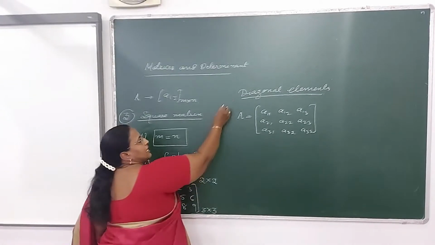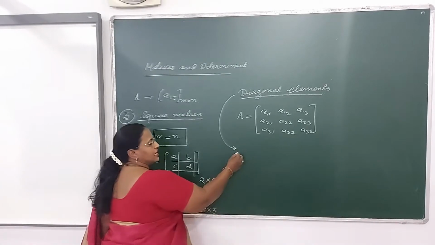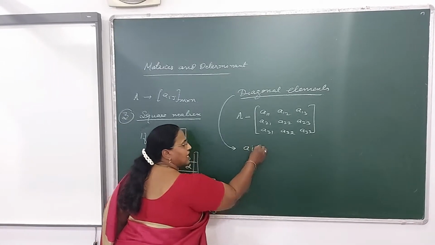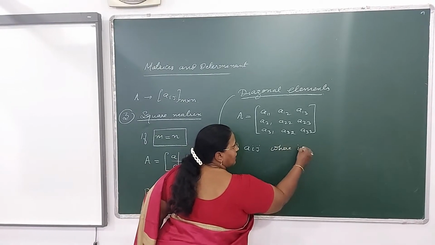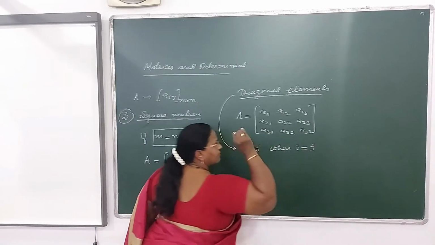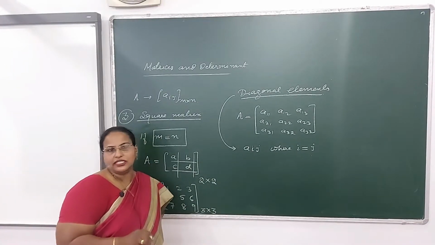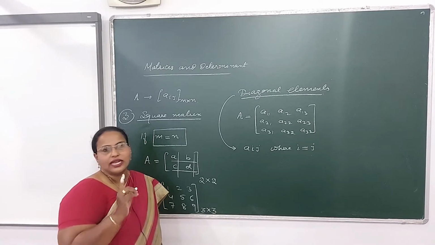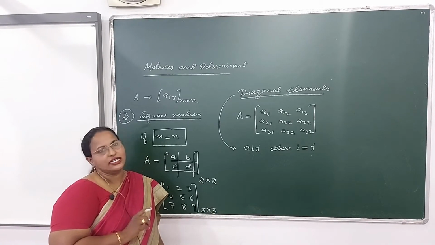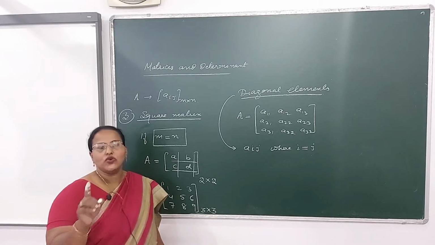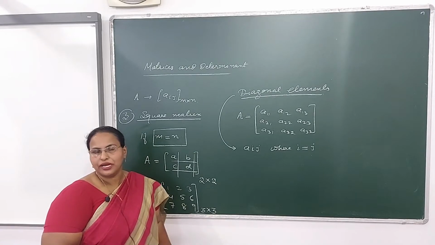Now see diagonal elements. Diagonal elements are the elements aij where i is equal to j. Once again, let me repeat it. The diagonal elements in a square matrix are the elements aij which obey the condition i equals j. Now let us find the diagonal elements in this particular example.